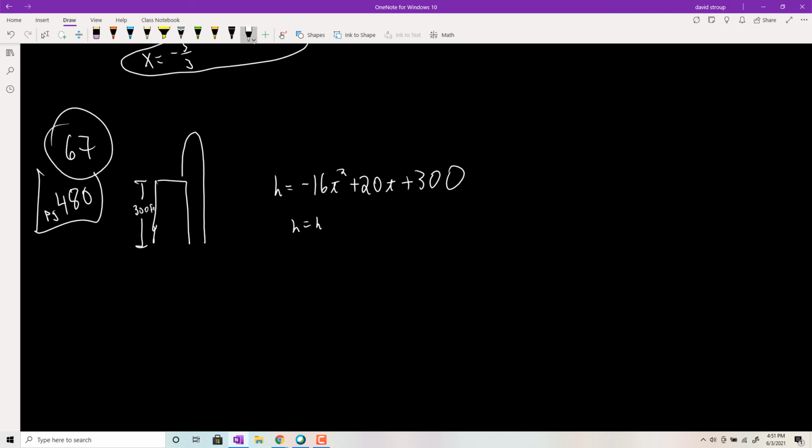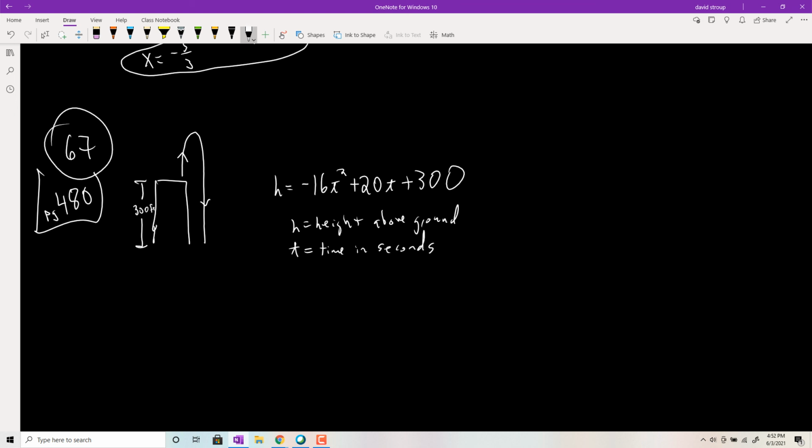So h is height above ground, and then t stands for time in seconds after it's thrown. The ball misses the rooftop on the way down, of course, like I've drawn. So it's going up and then coming back down.